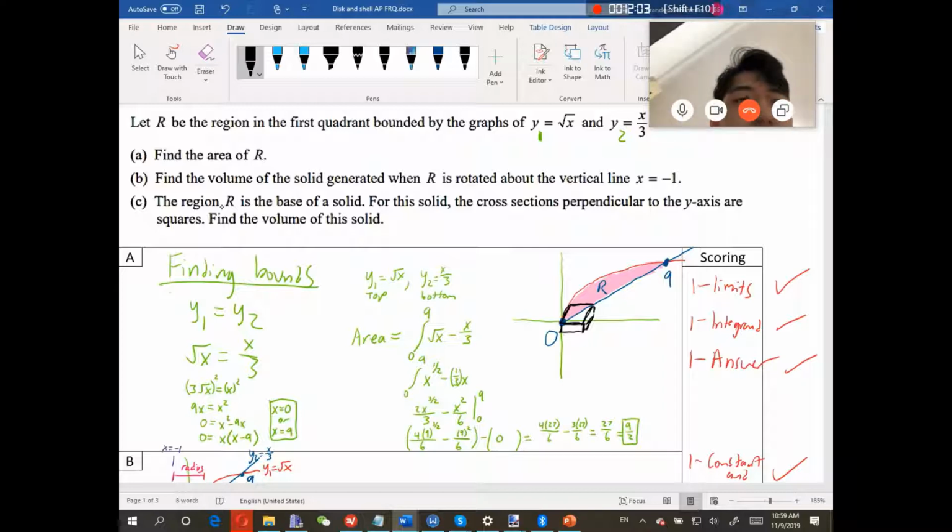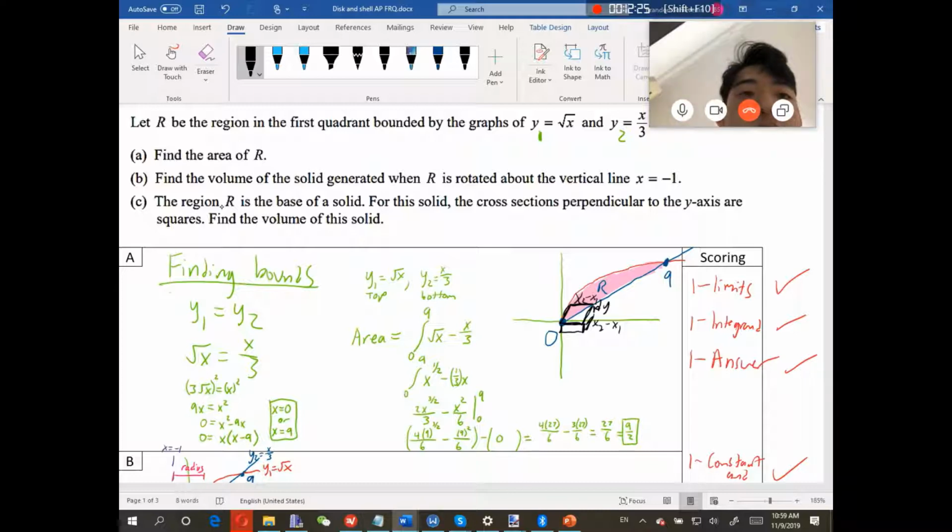So if my cross sections perpendicular to the y-axis are squares, then that means I've got a dy here. If I'm perpendicular to the y-axis, then this would be my change in x. So that's x2 minus x1. And it's a square, so this is also x2 minus x1.